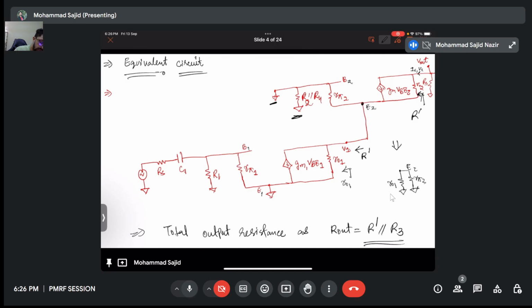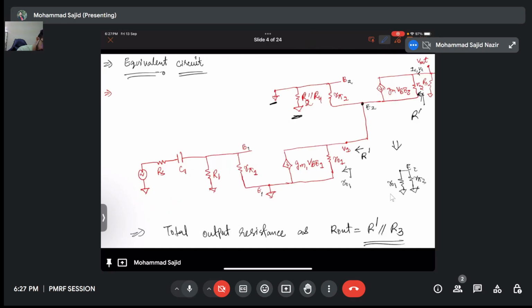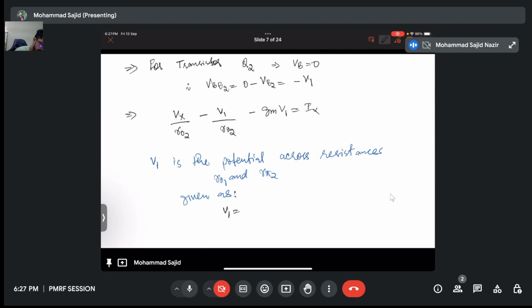So we will have total resistance r01 parallel rπ2. So V1 is the potential, and since current of Ix will come through this node because current coming in has to go out, we will have V1 as Ix times r01 parallel rπ2.